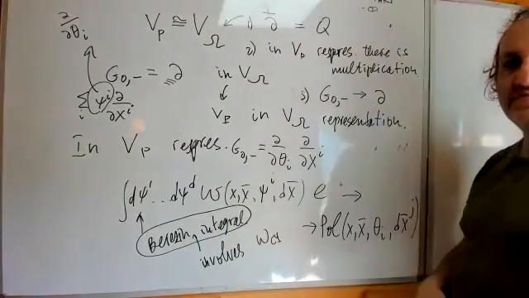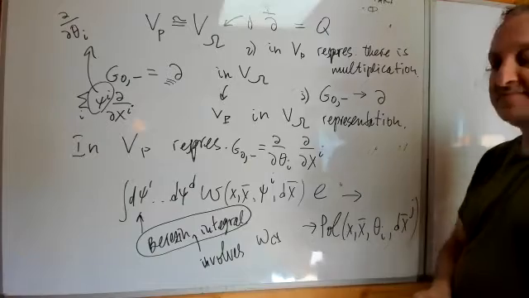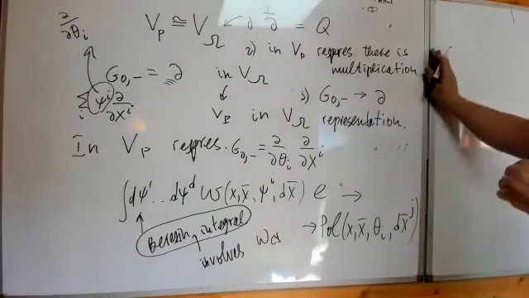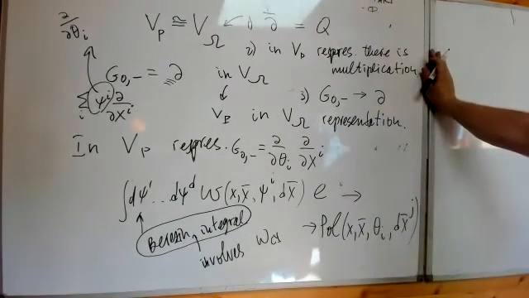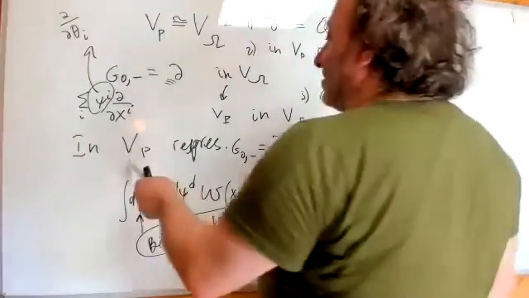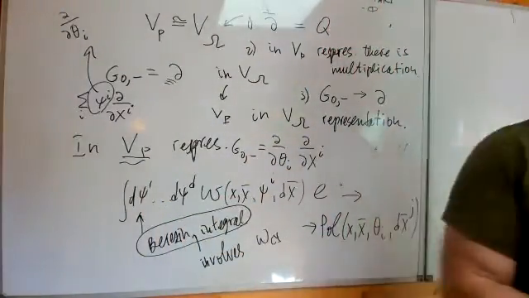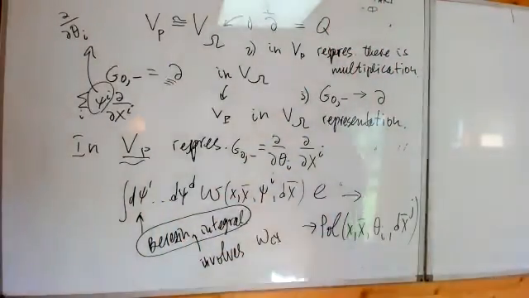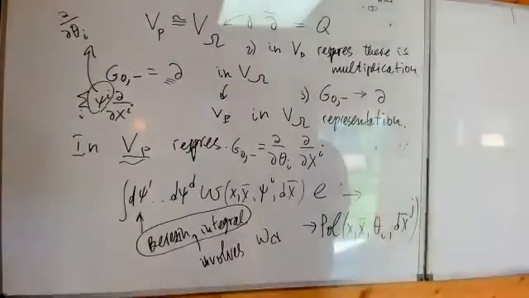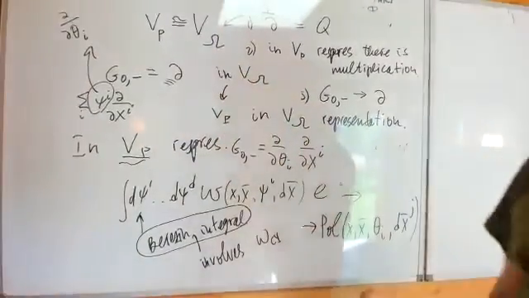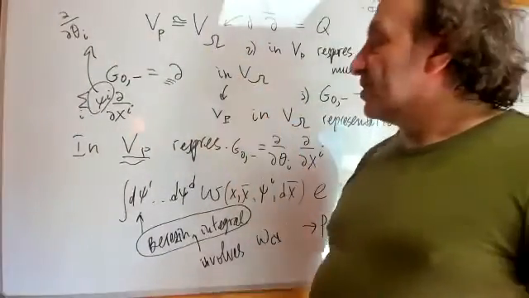Okay? But I want to understand things in VP representation. You see, going between V omega and VP representation implies Fourier transform.